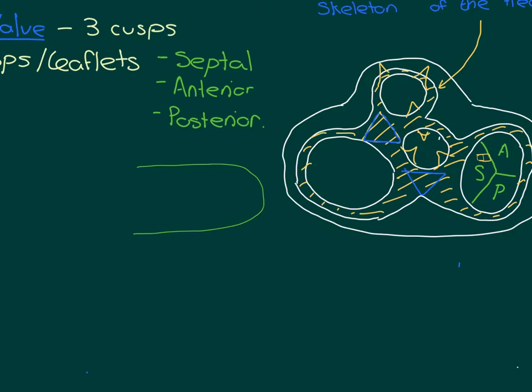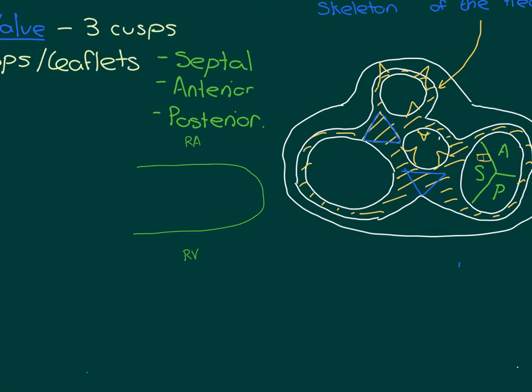Blood is going to be up here. That will be the right atrium, and blood is also going to be down here. That will be the right ventricle. And in fact, just to keep us oriented, I'm going to put that this is the right atrium up here, and this is the right ventricle below.